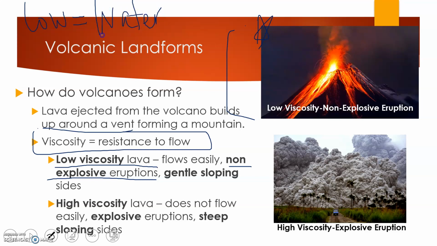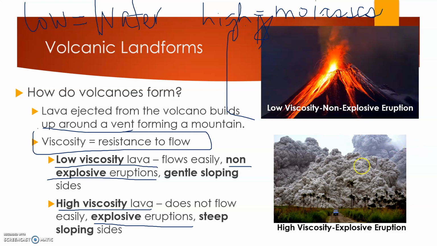Water has a pretty low viscosity. High viscosity lava does not flow easily, and it's from explosive eruptions with steep sloping sides. So high might be something like molasses. Okay, this is the pyroclastic flow. This is the lava flow.